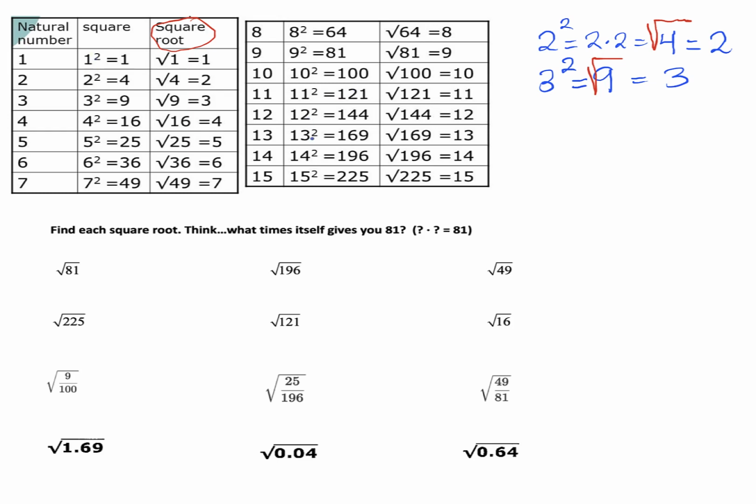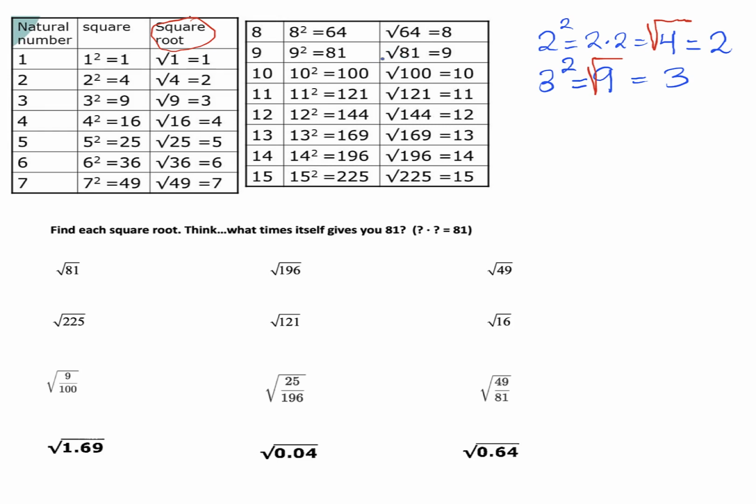I included 13 and 15 and 20. You should have these memorized. Like when someone says, what is 8 squared? You should be ready on the fly to say 8 squared is 64. Which means when someone says, what's the square root of 64? Then you should be able to think the answer is 8.